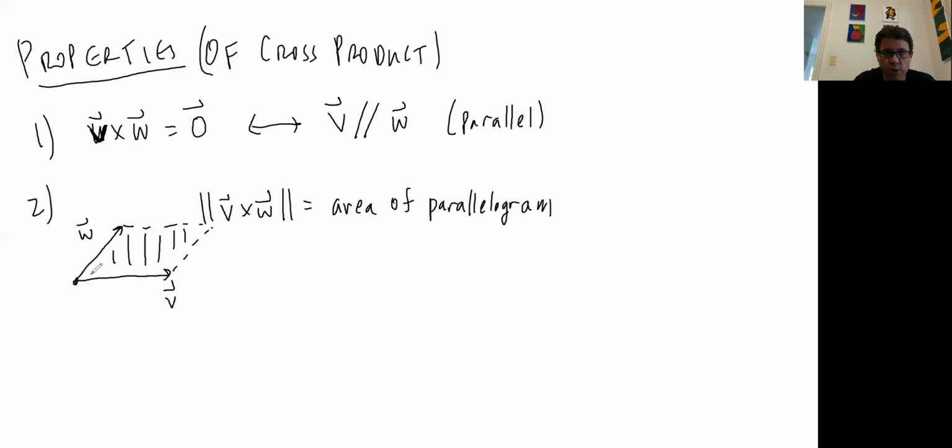It gives you more geometry. If you take two vectors, take the cross product, which is a vector, and take the length of that, it's exactly the area of the parallelogram.